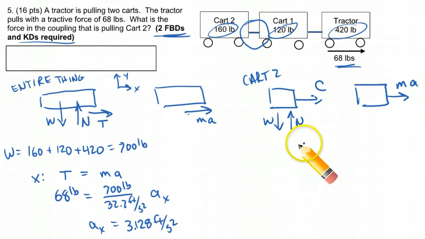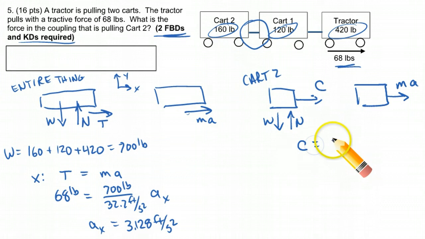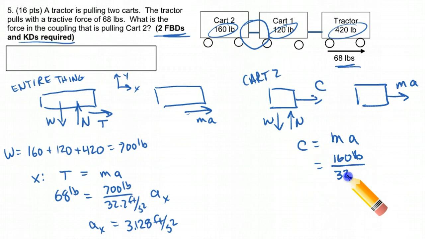Okay, so we'll have a real simple equation. Coupling force is the mass times acceleration. The mass is going to be just the mass of cart 2, and the acceleration is the 3.128.